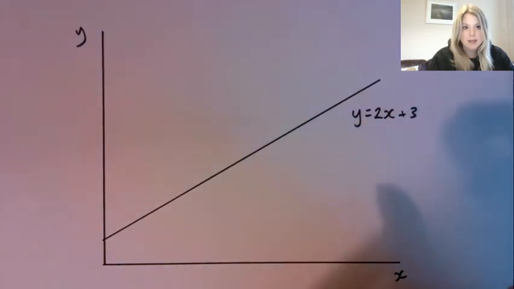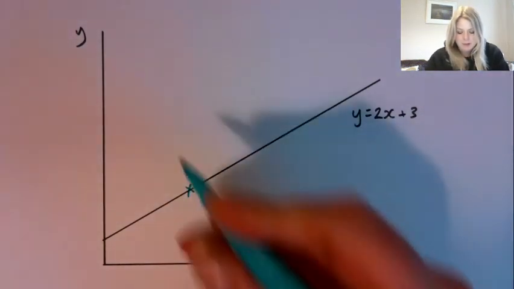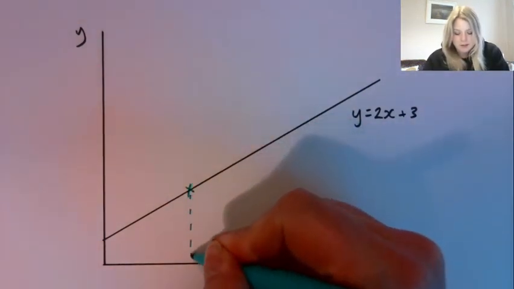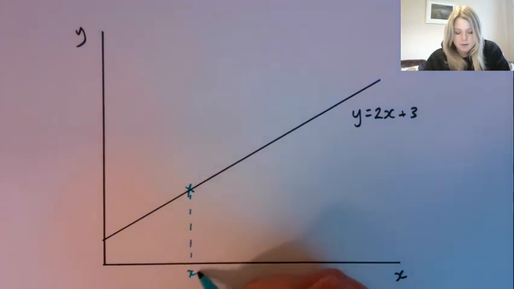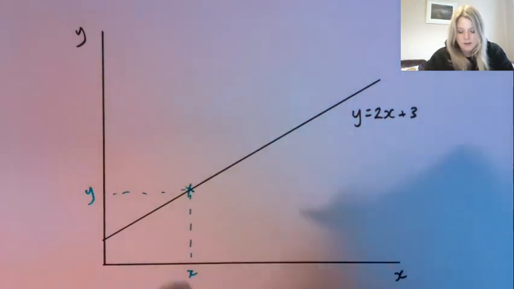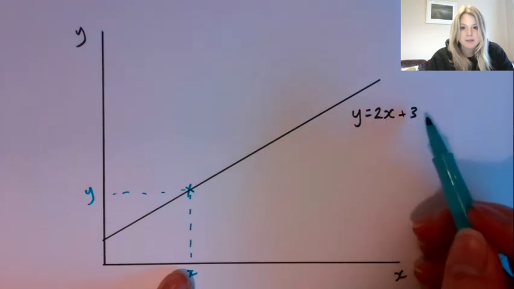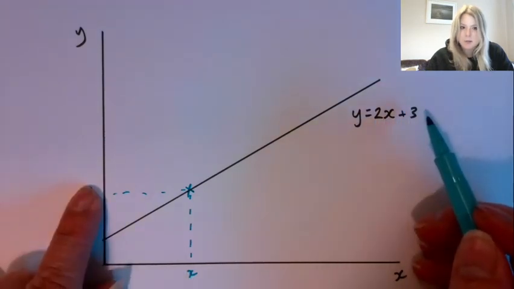Now, all that means is that if I pick any point on this line, and I look at the corresponding x coordinate and y coordinate, if I was to take the value of this x coordinate here, multiply it by 2 and add 3, it would give me this y coordinate.